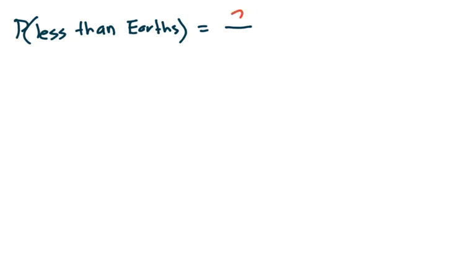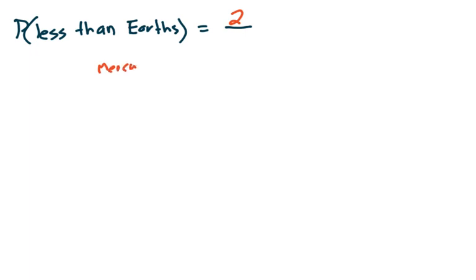All right, so we are trying to find the probability of picking a planet whose distance is less than Earth's. So we need to find how many planets have a distance less than Earth. Well, there are 2 planets that have a distance less than Earth's. That would be Mercury and Venus.